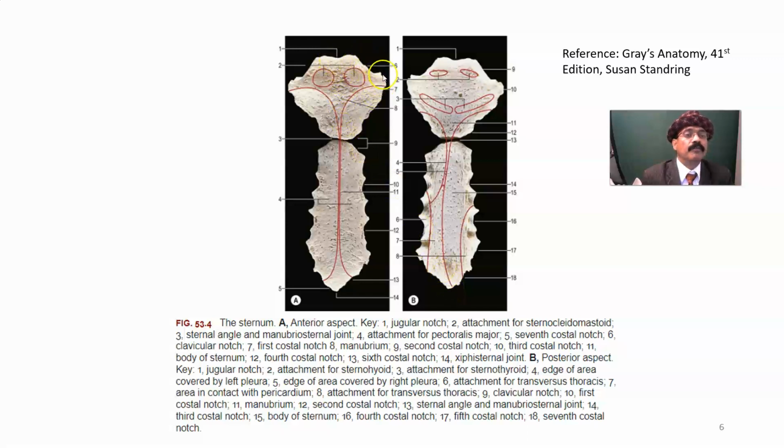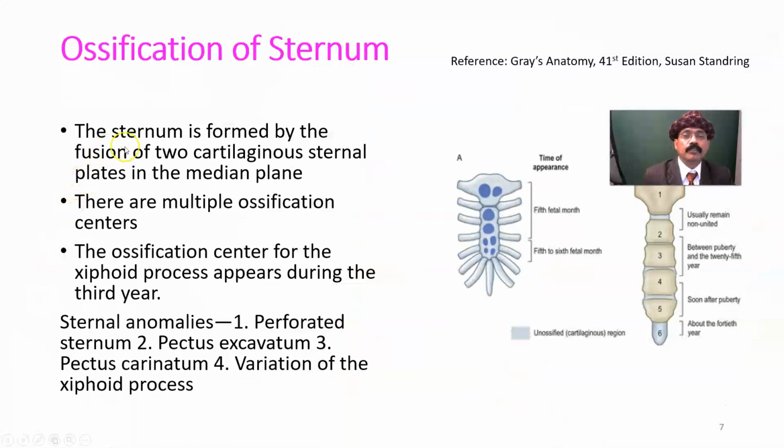Okay. This is the joint between the first costal cartilage and the sternum. This is a fibrous joint, synarthrosis. We got that. Now, ossification. Sternum is formed by the fusion of two cartilaginous sternal plates in the median plane. Okay, two plates come together.